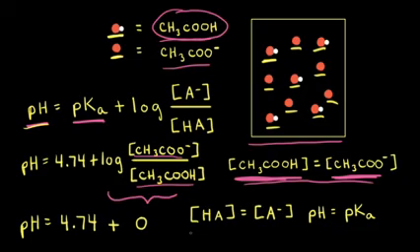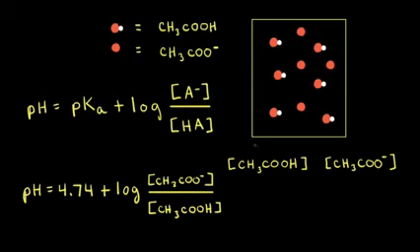So whenever the concentration of the weak acid is equal to the concentration of the conjugate base, the pH of the buffer solution is equal to the pKa of the weak acid. Let's look at another particulate diagram. We still have an acetic acid acetate buffer solution. However, this is a different buffer solution than the previous problem. So let's count our particles.